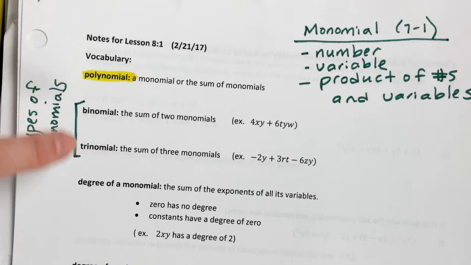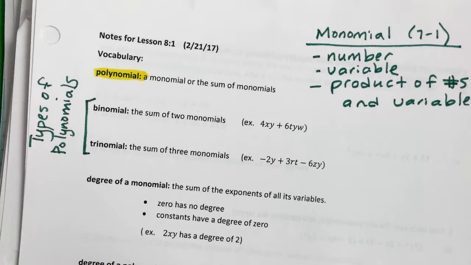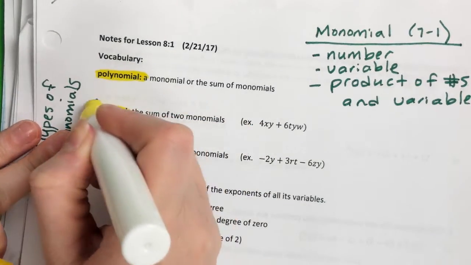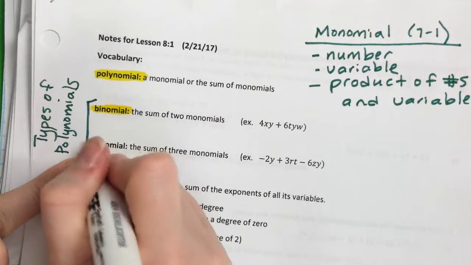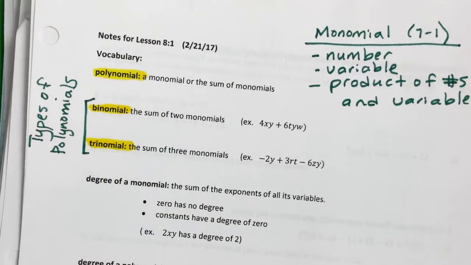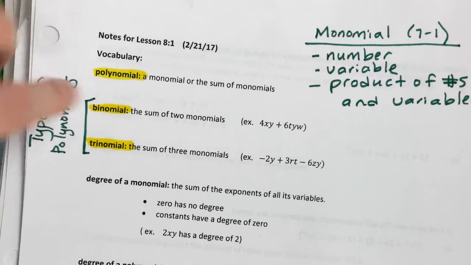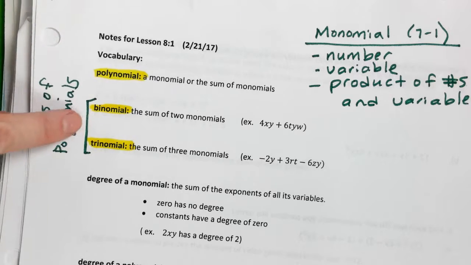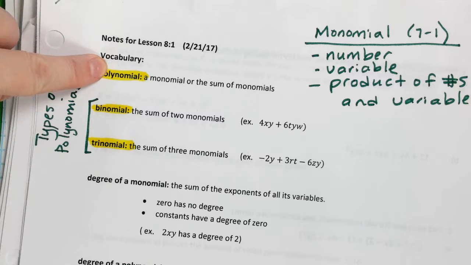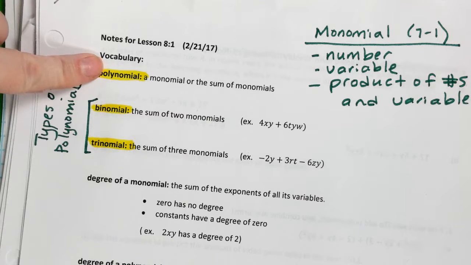A binomial is a polynomial made up of two monomials being added together, and a trinomial is made up of three monomials, all being added together. It's like saying you're a student, but a more specific name for you is an 8th grade student.